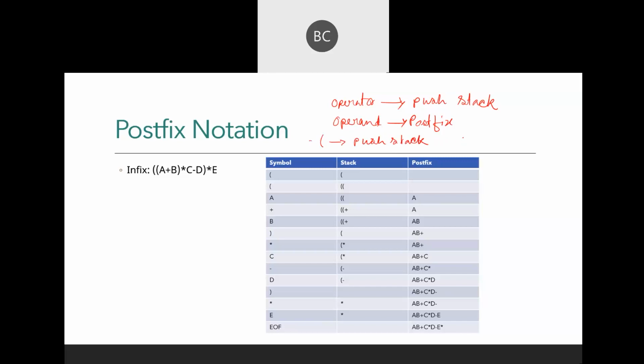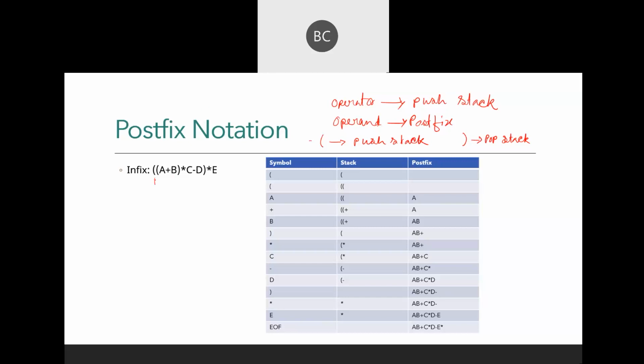Then whenever you find a right parenthesis, you pop out everything inside the stack. Then whenever you find something, you also have the precedence. You cannot put something in the stack which has lower precedence than the item stored on the top.